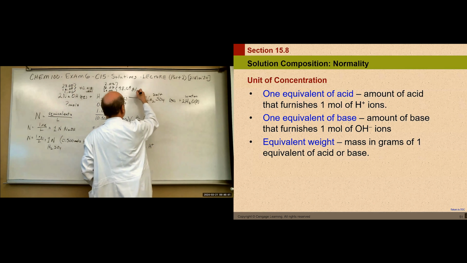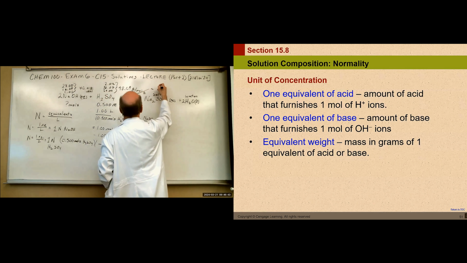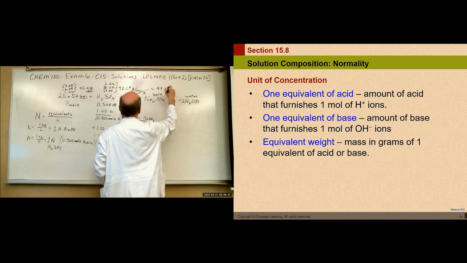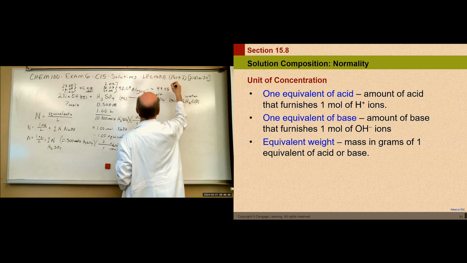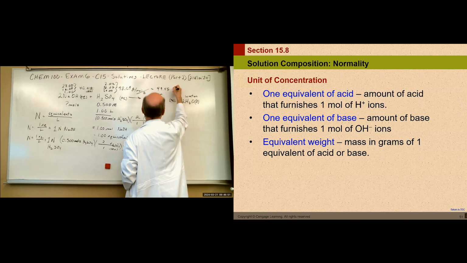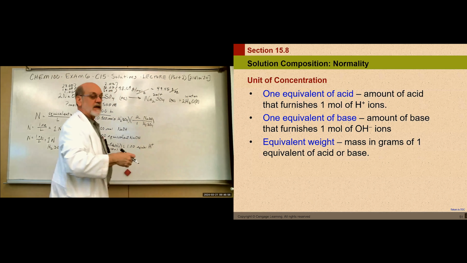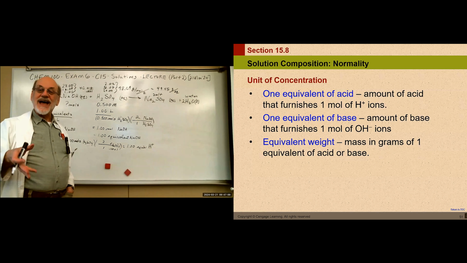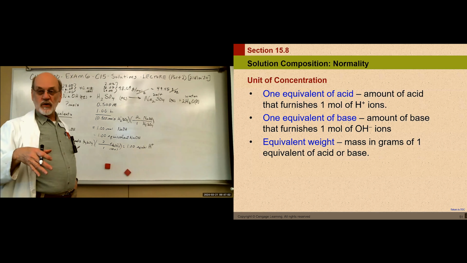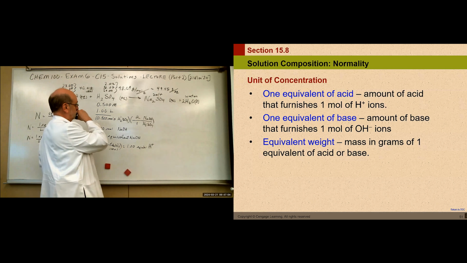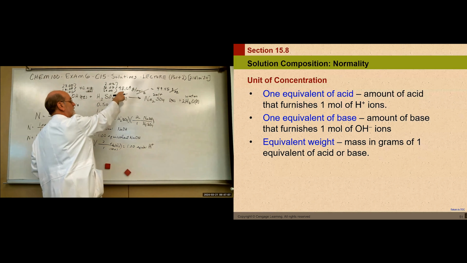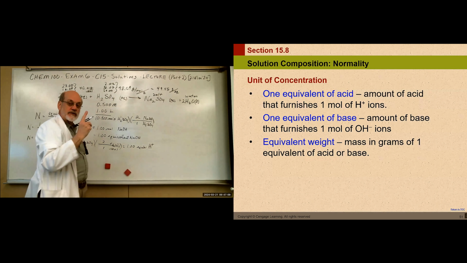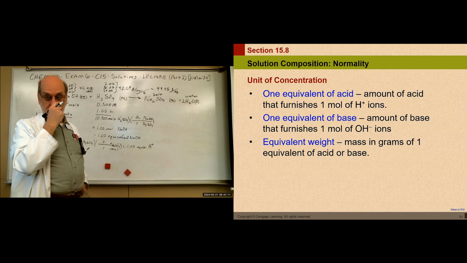That means we divide by 2 and we get 49.04 grams per equivalent. So the equivalent weight of sulfuric acid is half the molar mass, because for each mole, it produces 2 hydrogens.